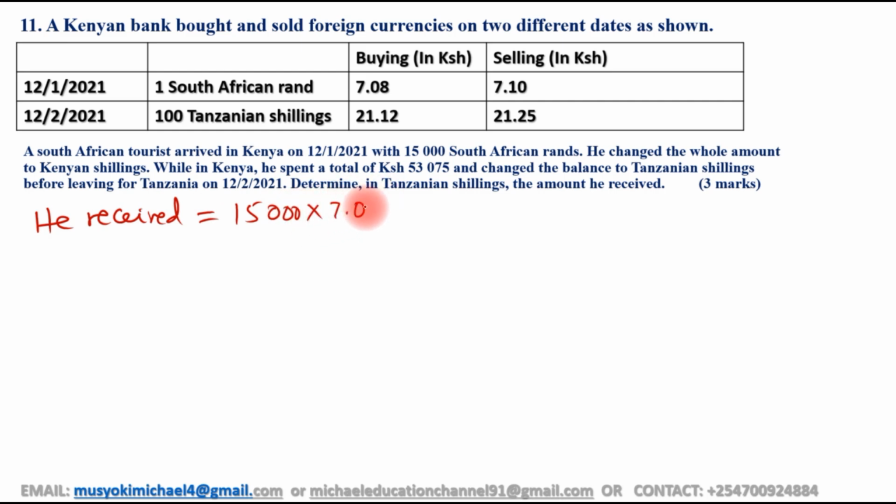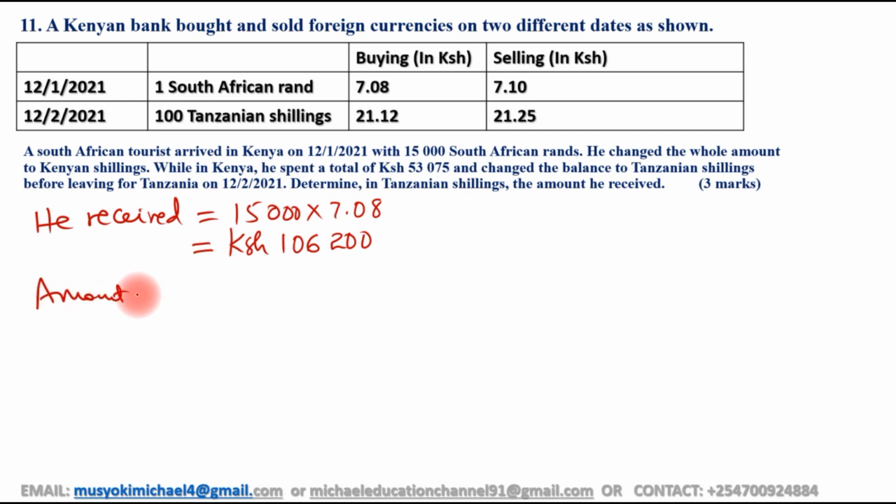So he received 15,000 times 7.08, and this amounts to 106,200 Kenyan shillings.